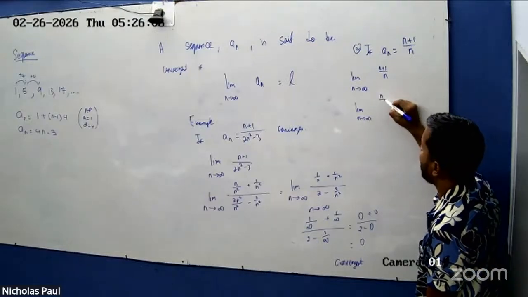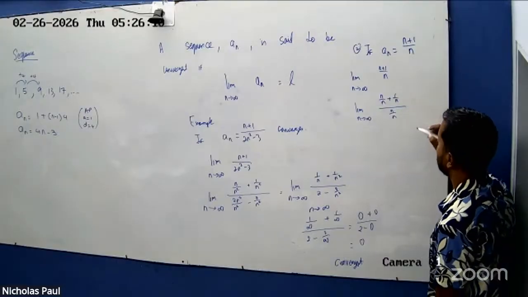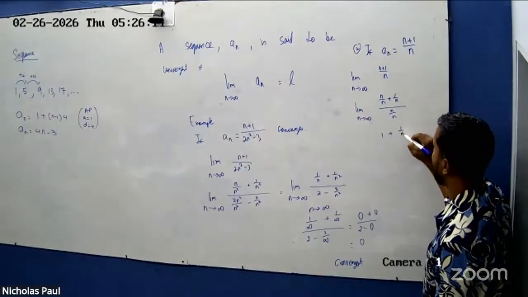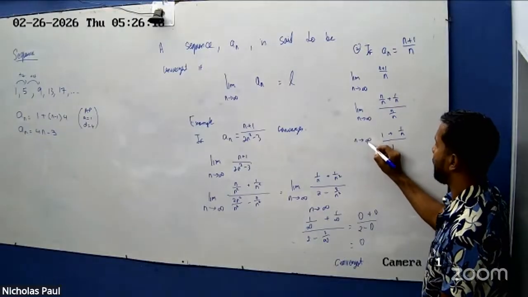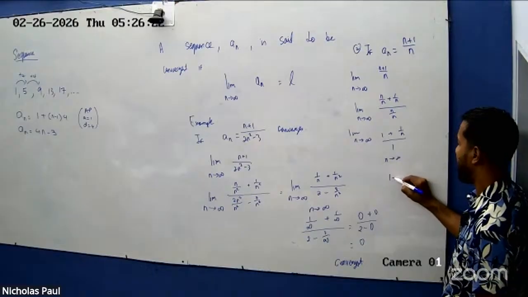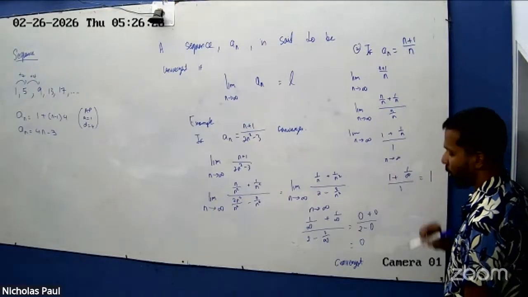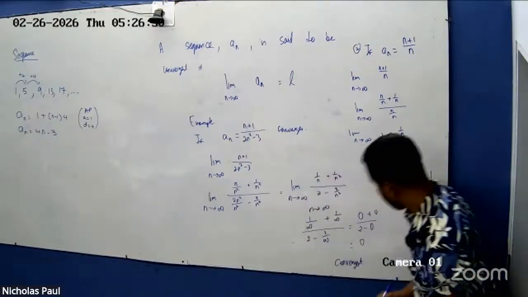That'll be n over n plus 1 over n, is n over n. That will simplify to 1 plus 1 on n all over 1. And when I substitute n is infinity, I'll get 1 plus 1 over infinity on 1. That'll give me 1. Therefore, convergent.